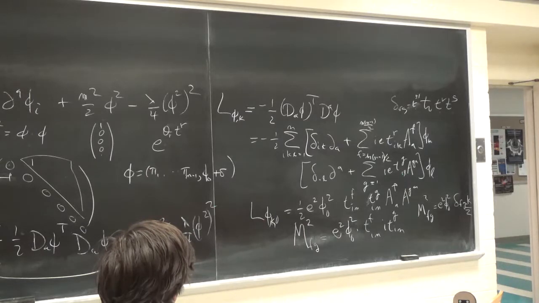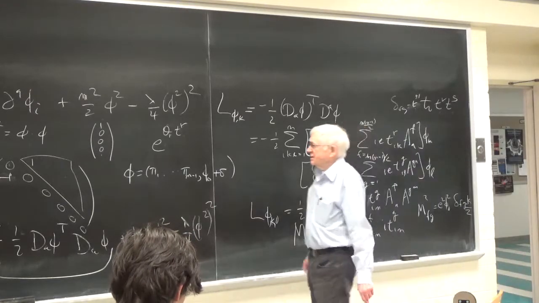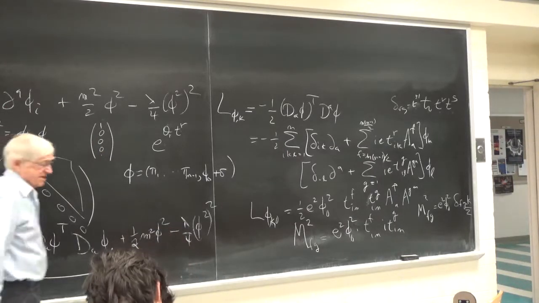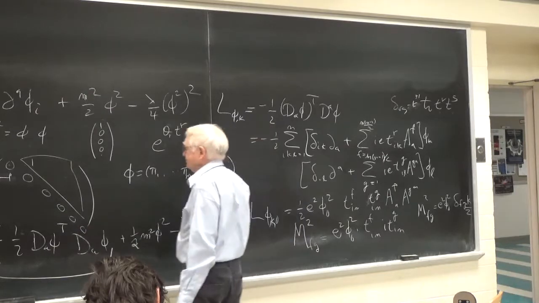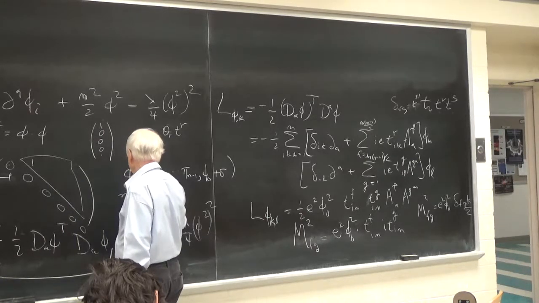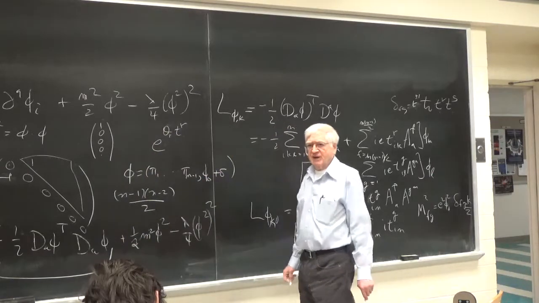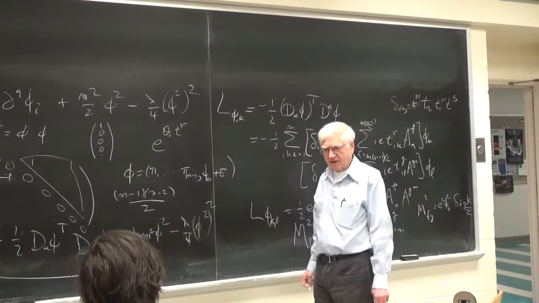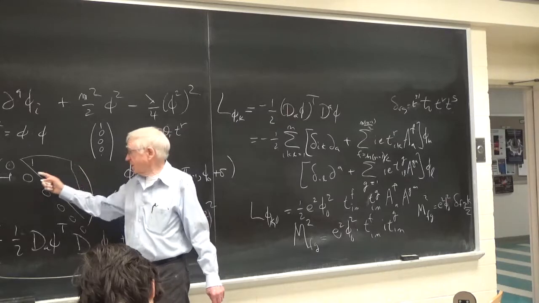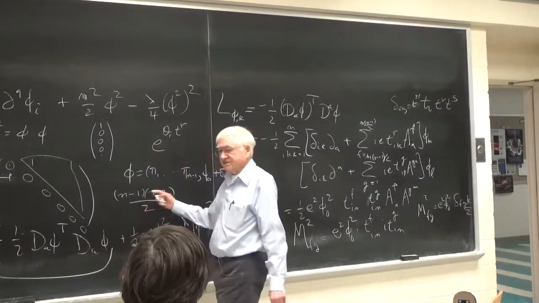What we have then is n of them are massive, but on the other hand, the number of gauge bosons for SO(N) is higher than n, because it is n times n minus 1 over 2. That's the number of generators. That's the number of gauge bosons in SO(N). This is n across, so this is 1 plus 2 plus 3 up to n minus 1, and that gives us this.